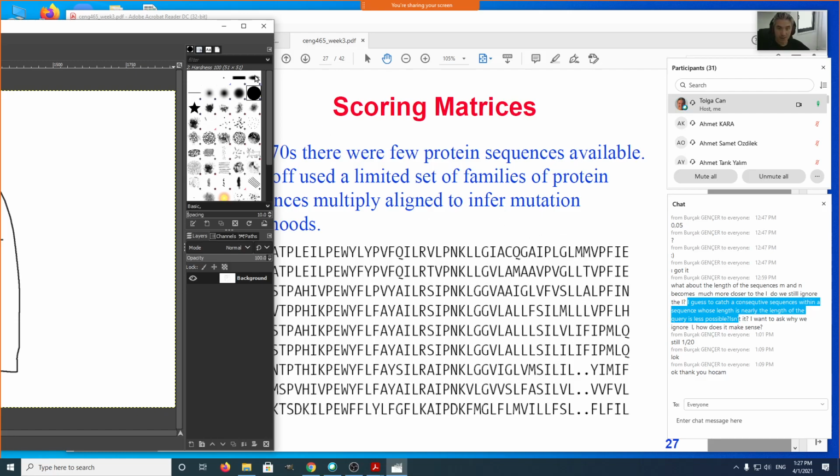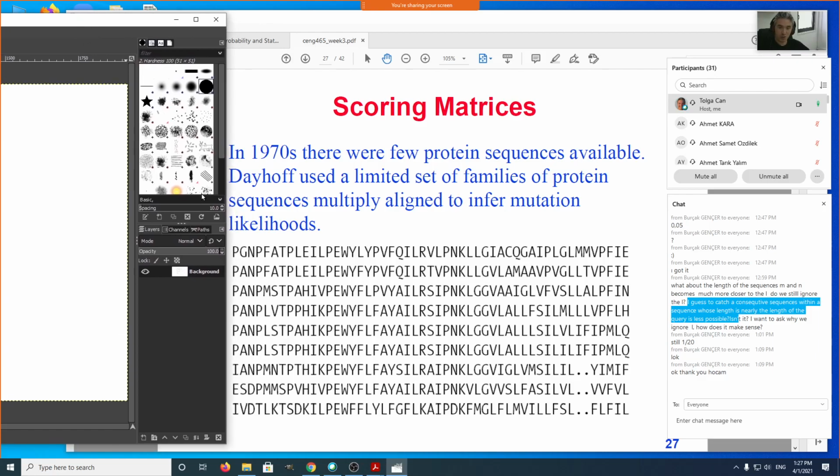What you can do is very simple statistics. Look at the entire alignment. How many L's are there, for example? What is the individual probability of L? In other words, I'm trying to make up my bag of amino acids. In this bag, I already know that certain amino acids are common.